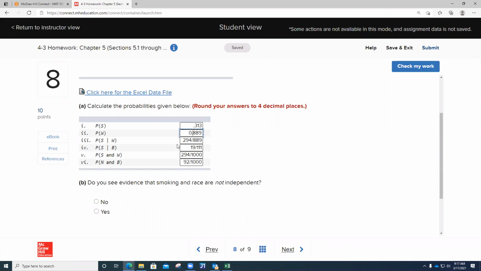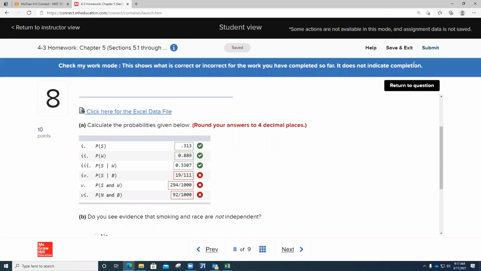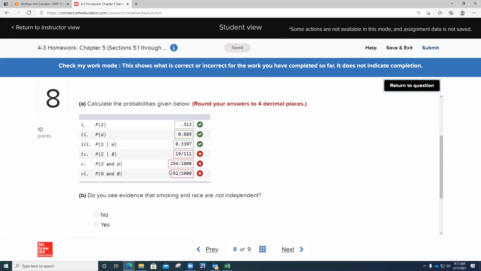And I'll do one more, and then that's it. So 294 divided by 889 is 0.3307. So my fractions are correct, but they wanted decimals, but I wanted to show you where the numbers come from.